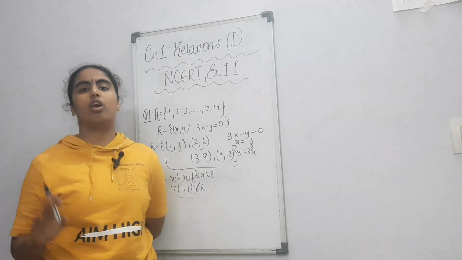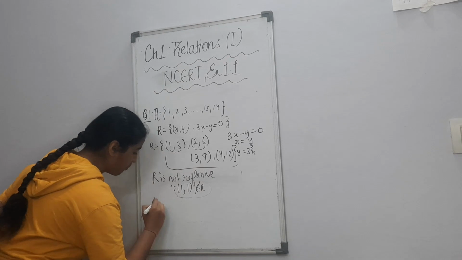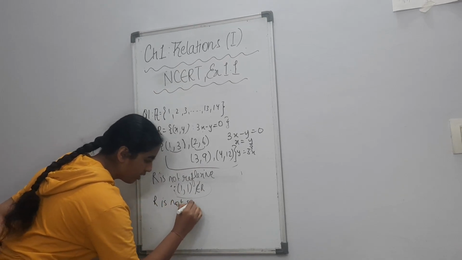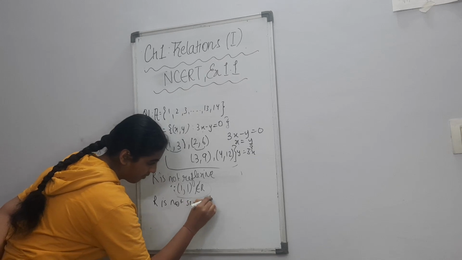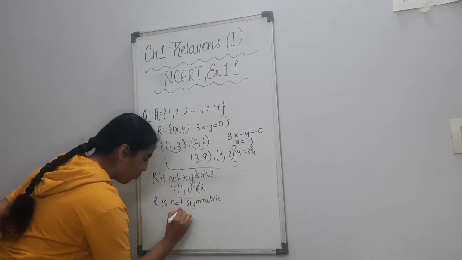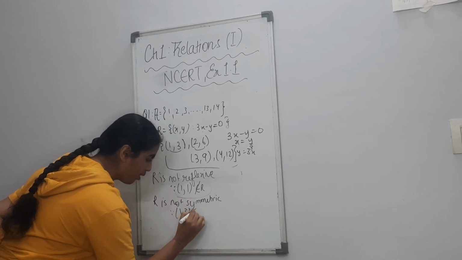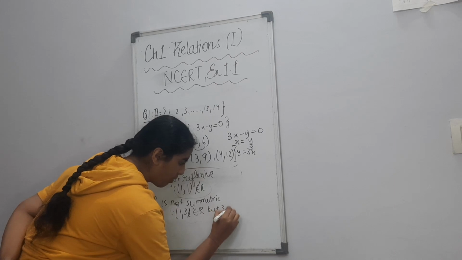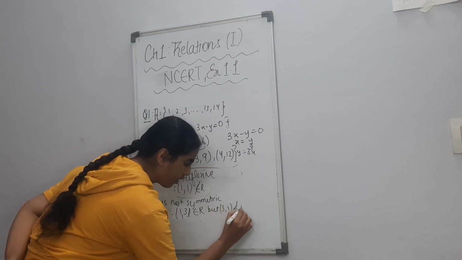The relation is not symmetric. So, you will be writing R is not symmetric since 1 comma 3 belongs to R, but 3 comma 1 does not belong to R.